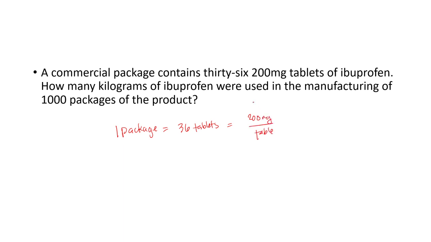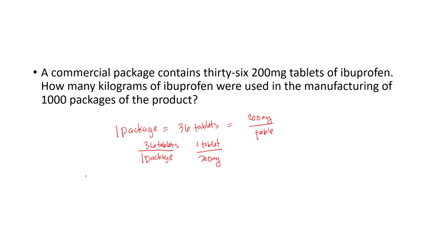Okay, so 1,000 packages were given. So let's turn this into usable units. One package, so we have 36 tablets per package, and one tablet is 200 milligrams. Okay, and there were 1,000 packages.